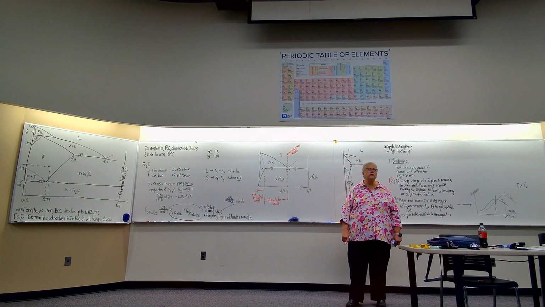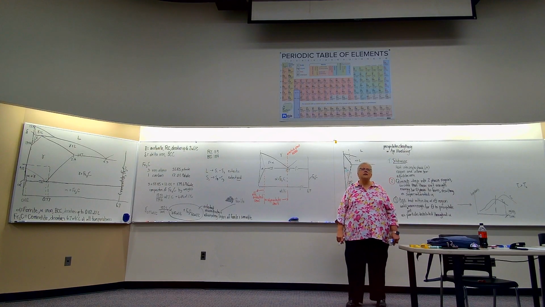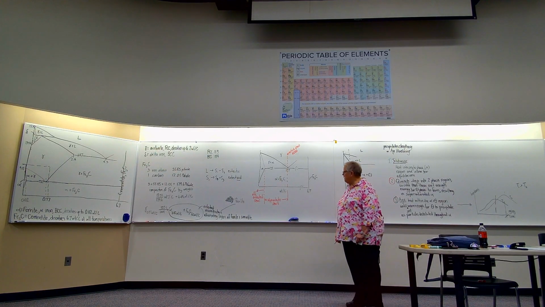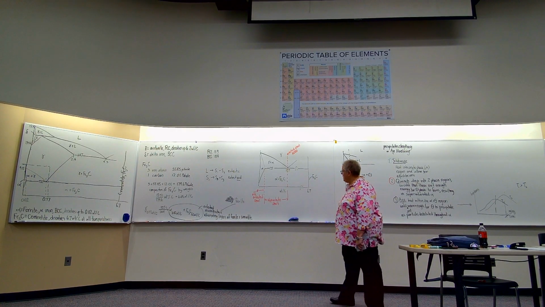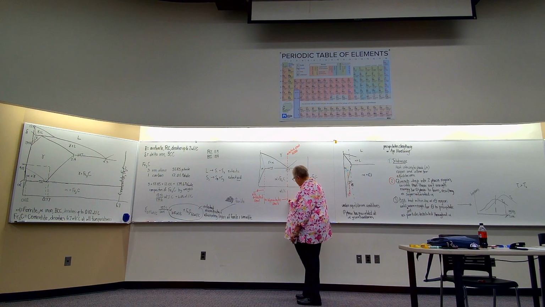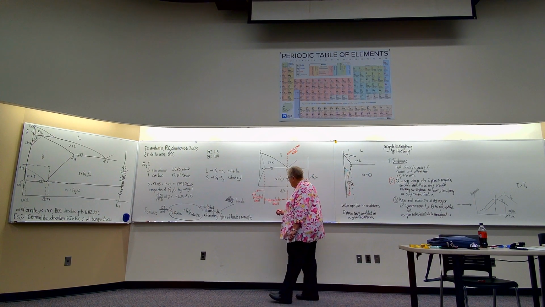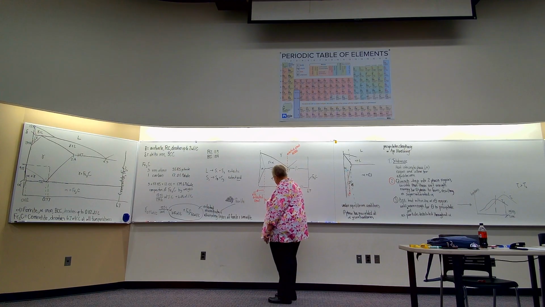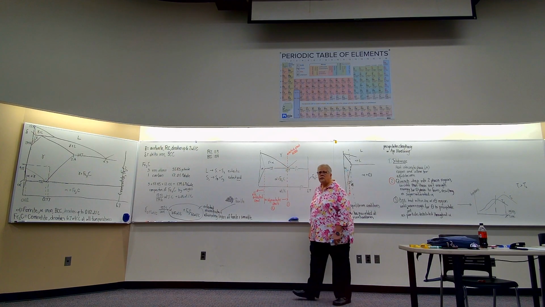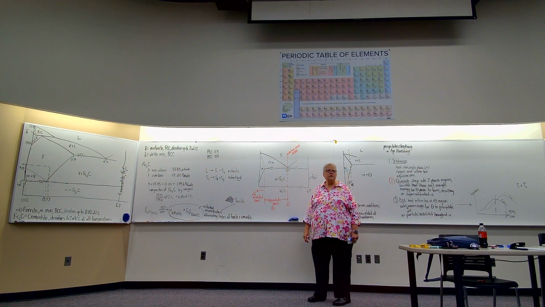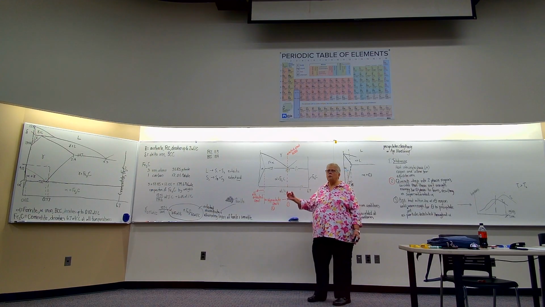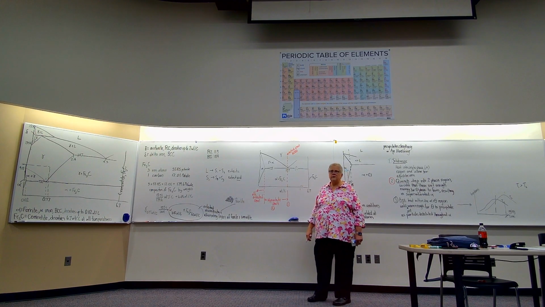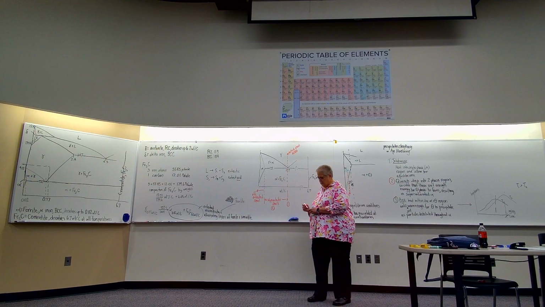Hypereutectoid steels are rare, they're brittle, we won't be talking about them. So we've got eutectoid steel and hypoeutectoid steel, those are the two that we're going to talk about in the same way that we've been talking about the eutectic, where we're going to cool, and we're going to talk about what we expect to find at different temperatures.